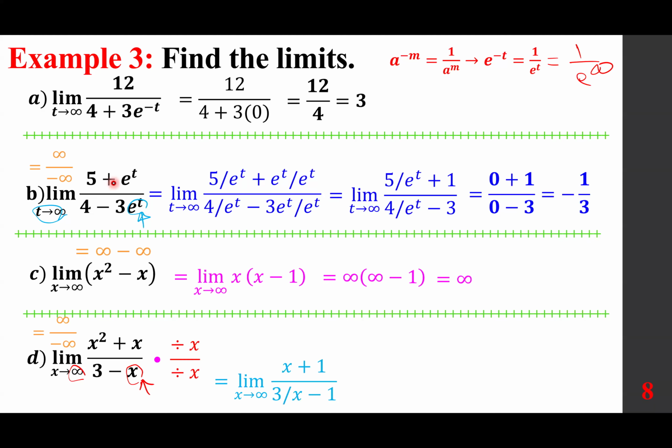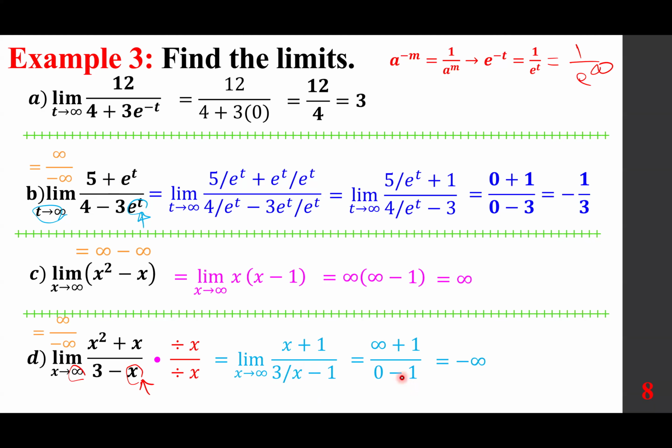So divide by x and simplify. As x approaches infinity, this is infinity, this goes to 0. Infinity plus 1 or minus 1 or anything is infinity. Infinity minus 1 billion is still infinity. When you divide by a negative number, it changes the sign, minus infinity.